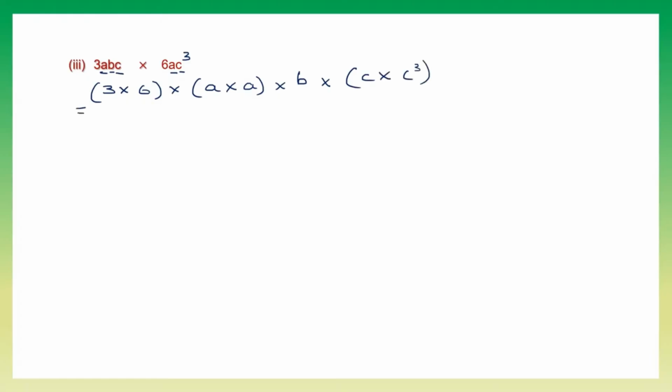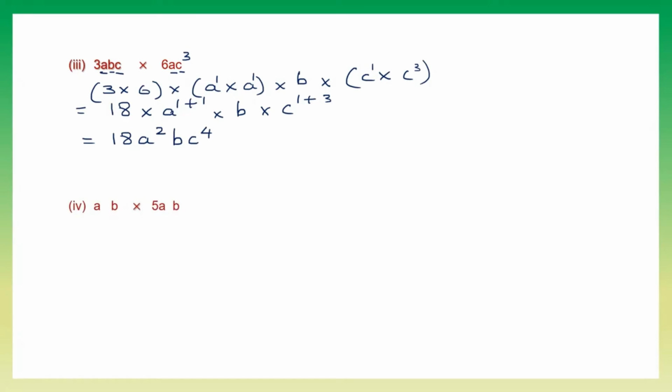Okay, let's solve this. 3 6s are 18 into a, this is 1 and 1, so that becomes 1 plus 1, into b, into c, we have 1 here, so that's 1 plus 3. So what do we get? 18. A to the power of 1 plus 1 is 2. We have b by itself, c, 1 plus 3 is 4. So this is our final answer, 18 a squared b c to the power of 4.